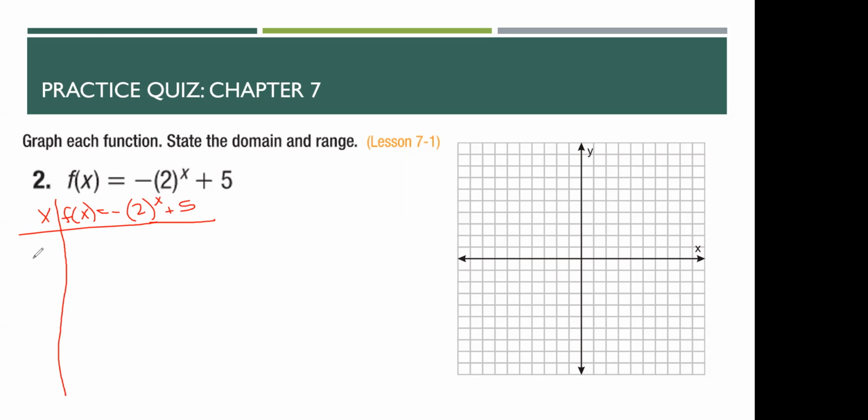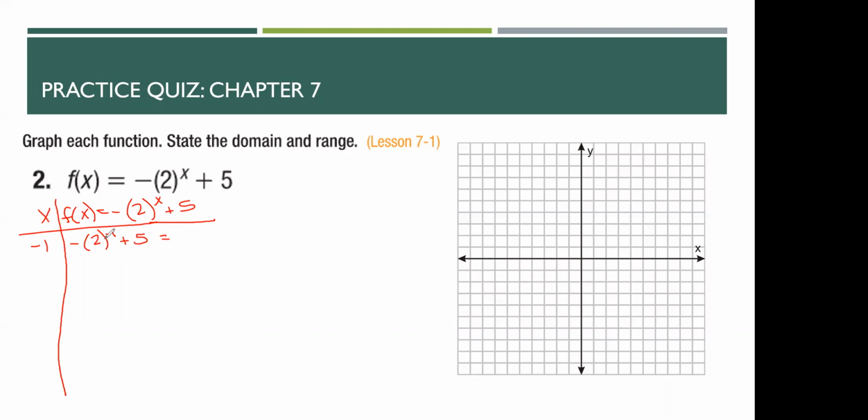Okay, so I'm going to first pick -1 as one of my values. So I put negative, and then I still have that 2 in parentheses, and my exponent is x, so it's -1, plus 5. We have 2 to the power of -1, which is 1/2.